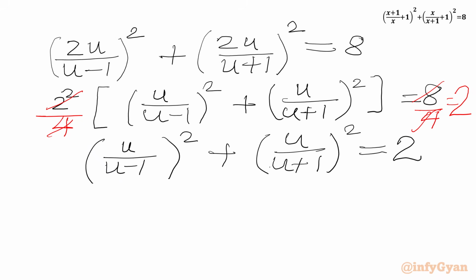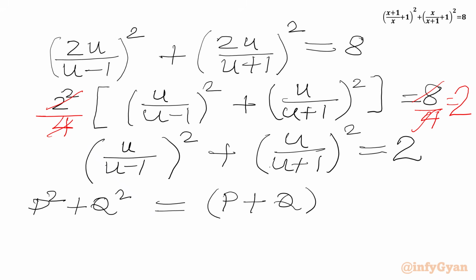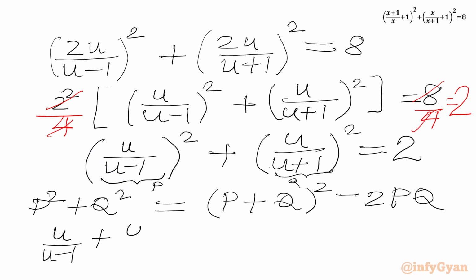Now we are going to use one algebraic formula which says p square plus q square will be equal to (p plus q) whole square minus 2 times pq. Let's say u over (u minus 1) is p, u over (u plus 1) is q. So we can write (p plus q) whole square, (u over (u minus 1) plus u over (u plus 1)) whole square, minus 2 times p times q.